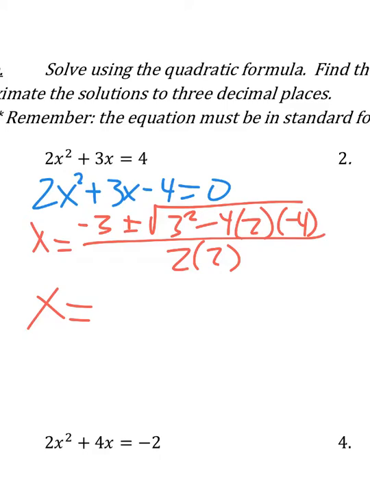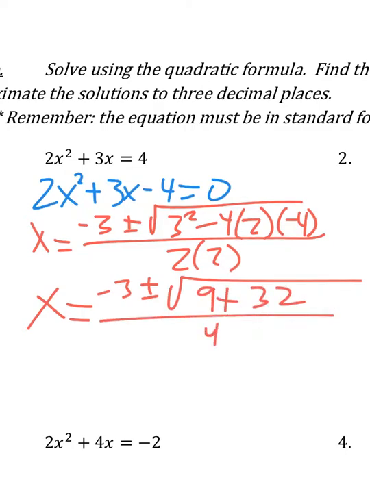Got negative 3. Nine plus, right? 32. All over 4.